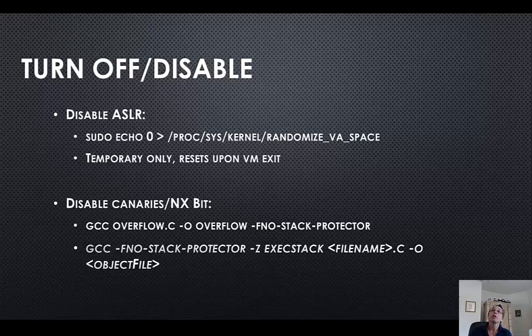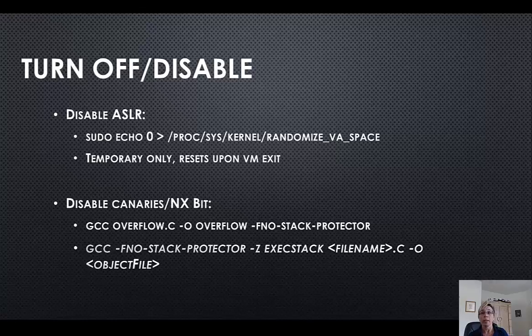So just as I kind of mentioned, this slide goes into how you can turn off or disable these memory protection technologies. You can disable ASLR with the command that I provide there with the echo 0. And as I mentioned, if you're using virtualization, it is just temporary.